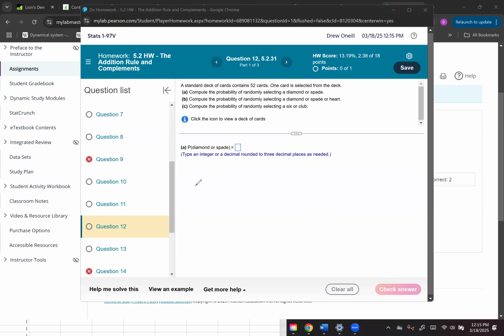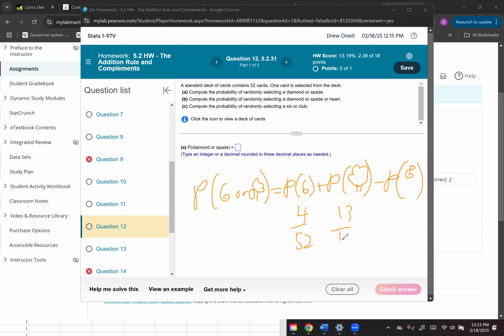The probability of 6 or club is equal to the probability of 6 plus probability of club minus the probability of them being the same, so 6 of clubs. Probability of 6 is 4 out of 52. Probability of club is 13 out of 52. There's only 1 card in the deck that's a 6 and a club, so that's minus 1 out of 52.